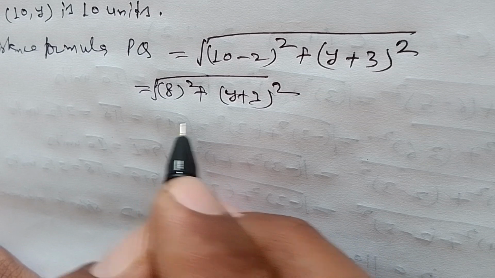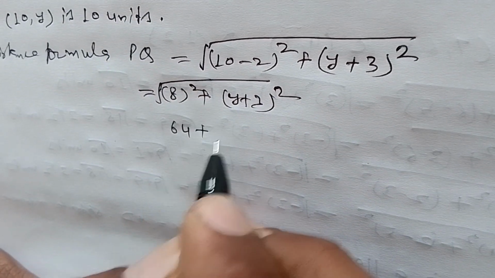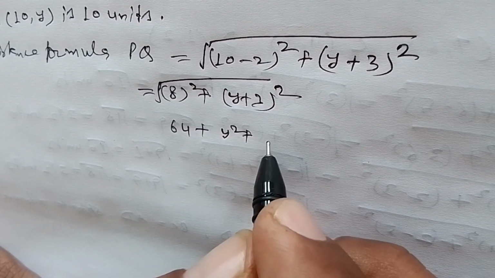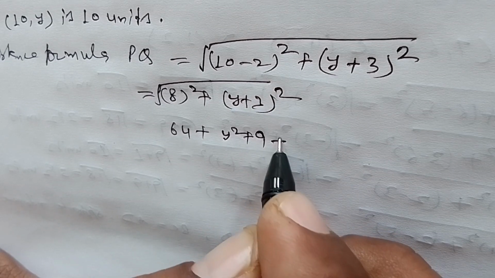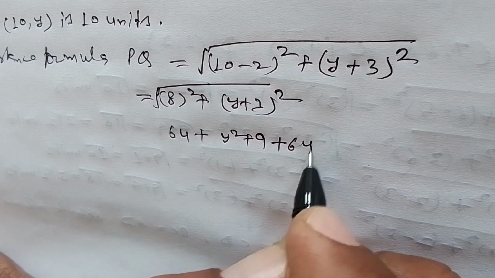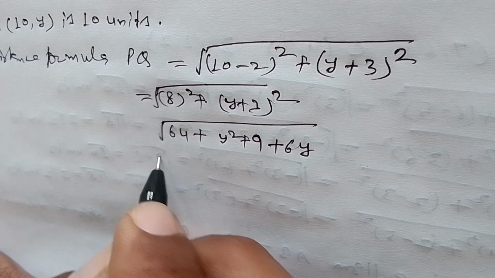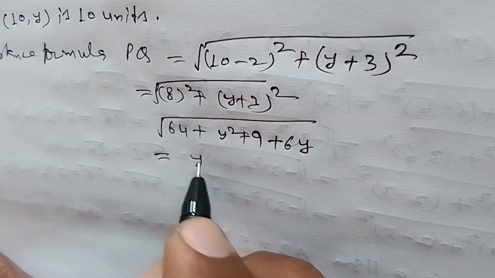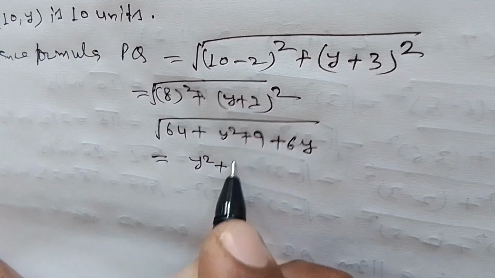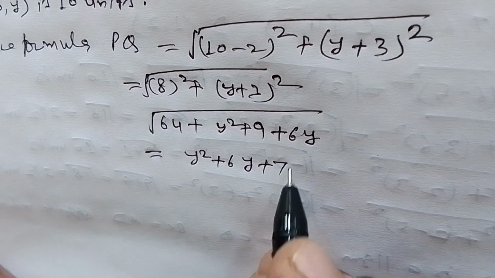It comes out to be the square root of 64 + y² + 9 + 6y, which on further simplification gives us the square root of y² + 6y + 73.